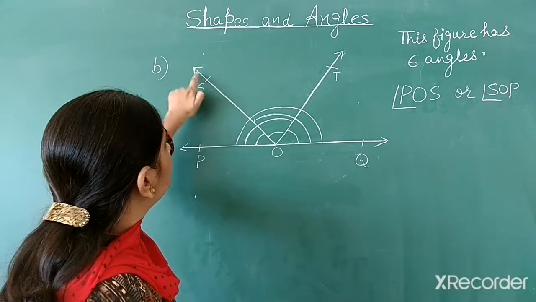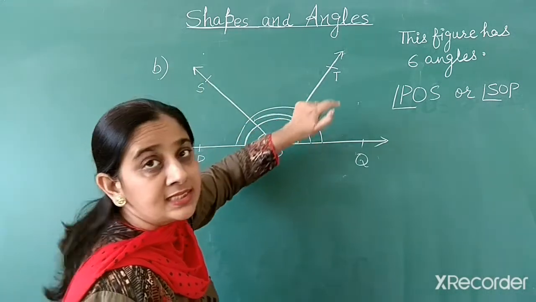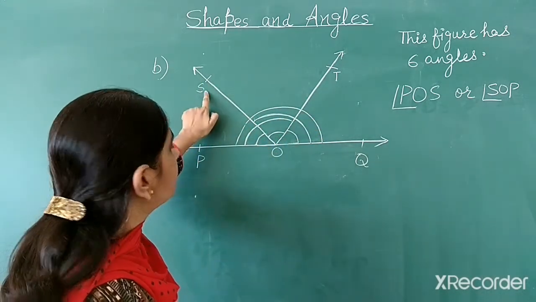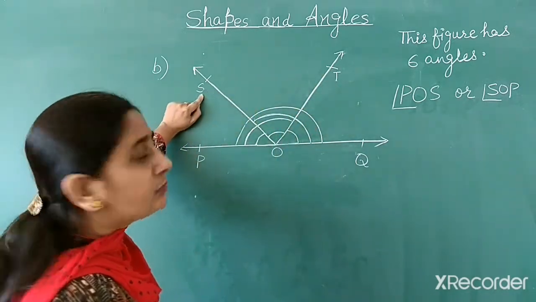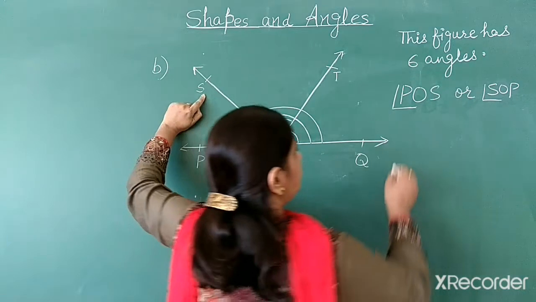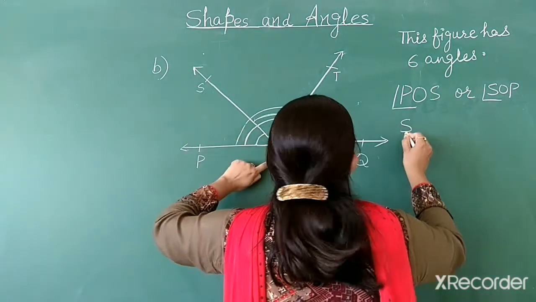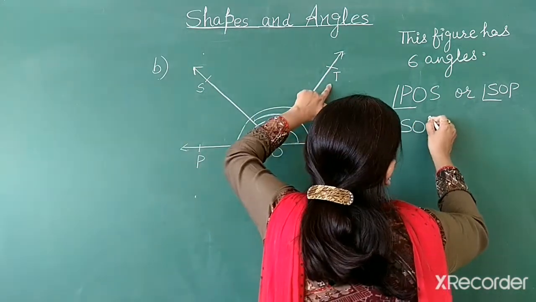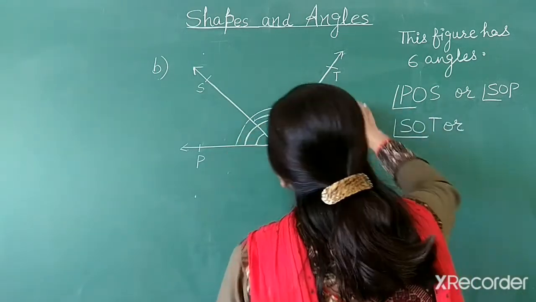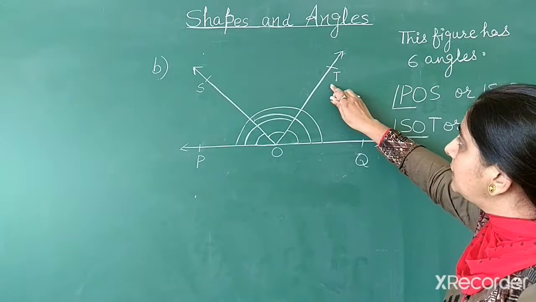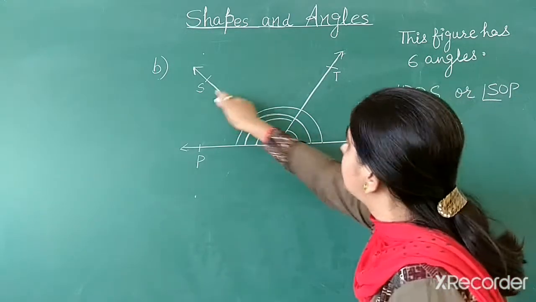Or you can say two rays OS and OT are making this angle. So either you can start from the point S, or you can start from the point T. So I am starting from the point S. S, point on one arm, then vertex, and then point on the second arm, SOT. Or the same angle can be named as TOS.